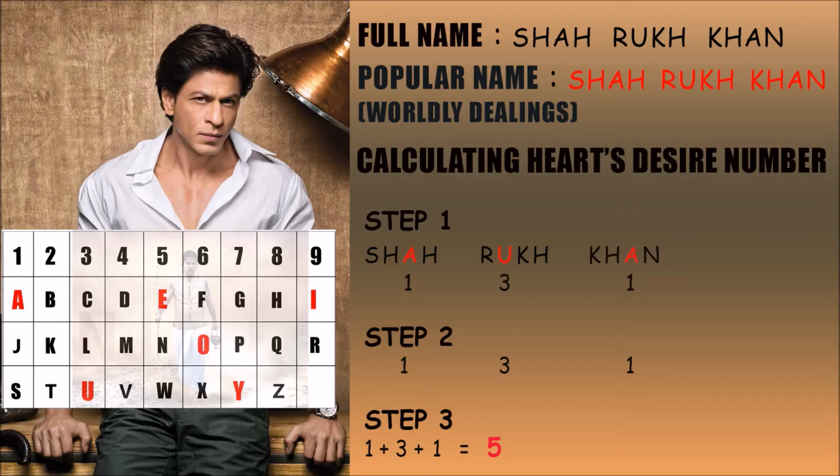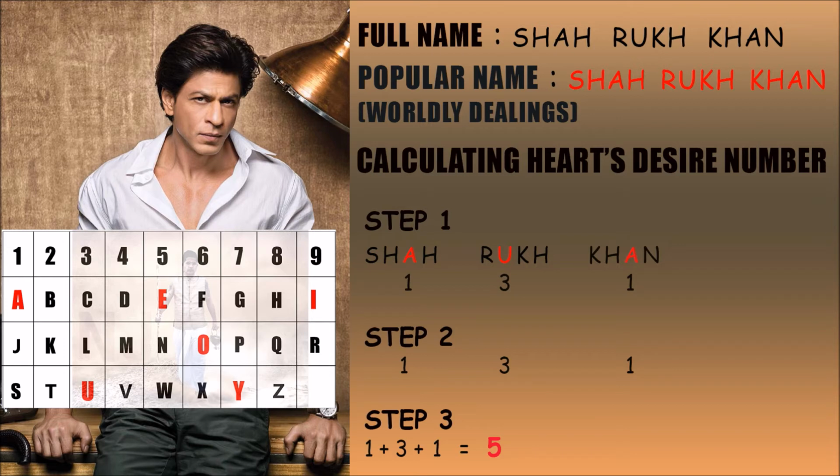Now comes the random example for today, in order to understand how to calculate the soul urge number. The example, as you can see on your screen, is of the great Indian actor Shah Rukh Khan. He is recognized and identified in the whole world by this same name. Calculating the heart's desire number is very simple. You first have to label the vowels in the complete name, and write down the corresponding numerical value as per the Pythagorean system.